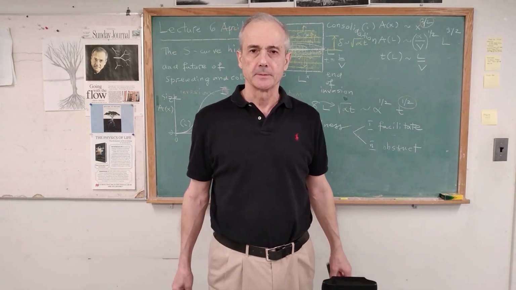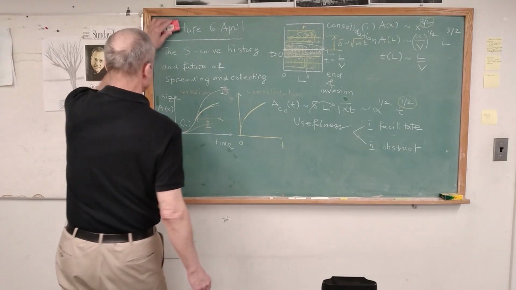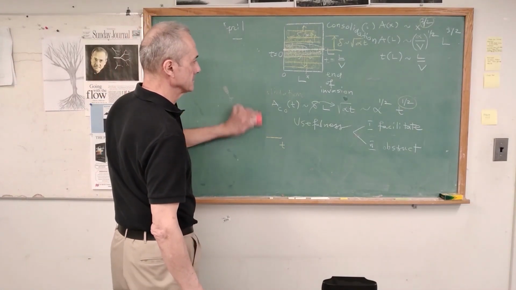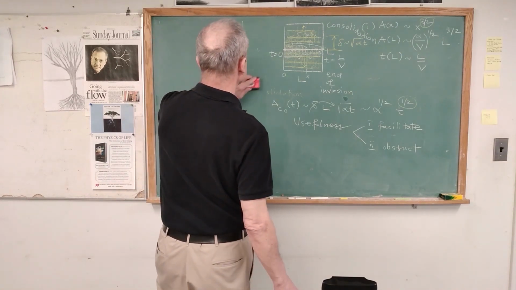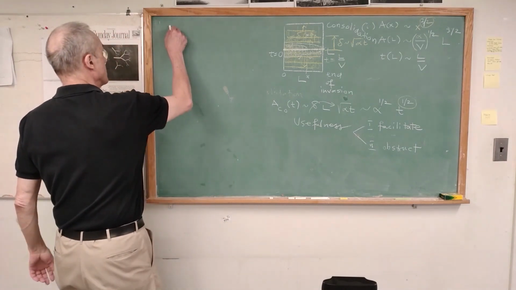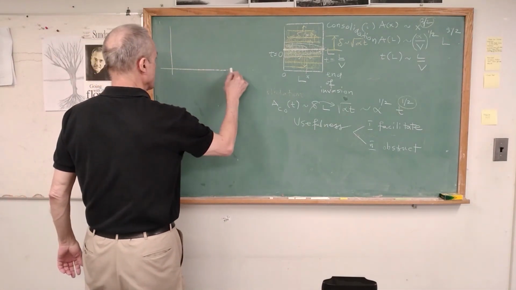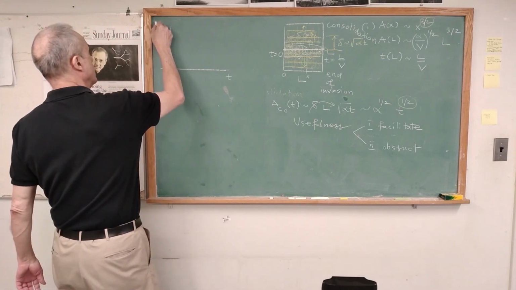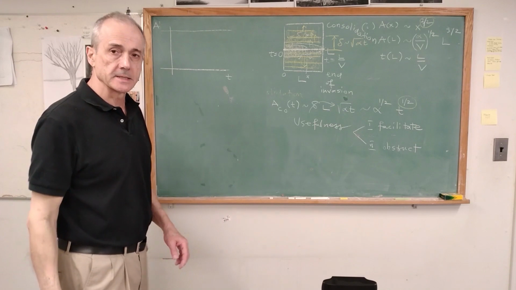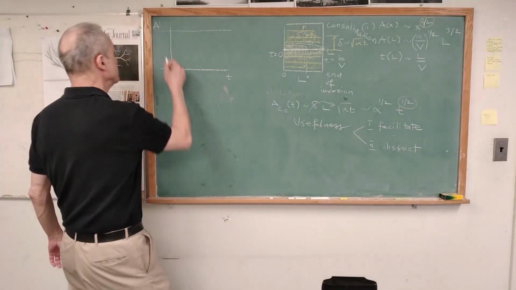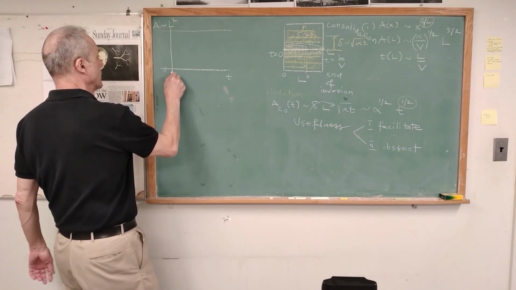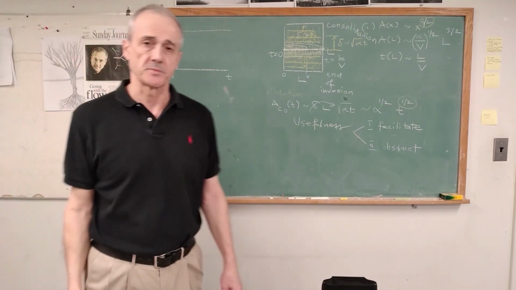I'm going to erase now. Okay. So we have the time here and the area. We have the ceiling, the plateau, that's known will be L squared. And of course, both area and time increase from 0.